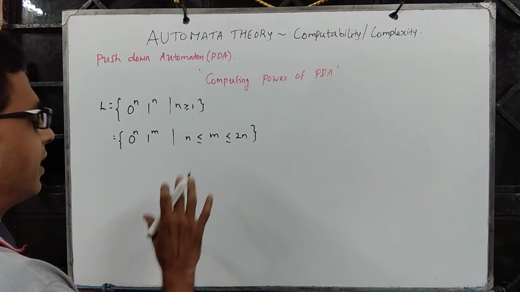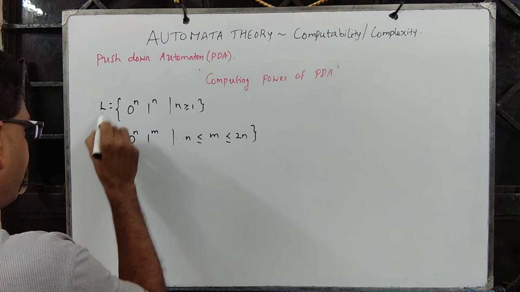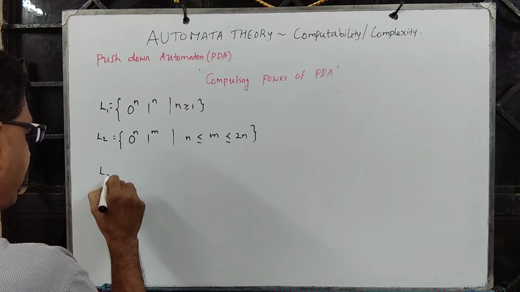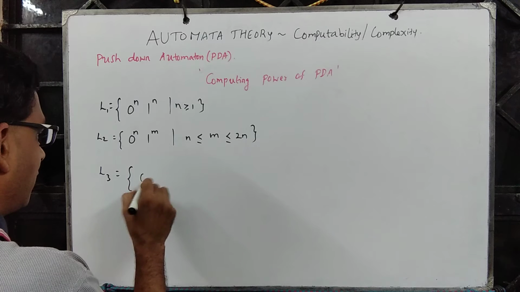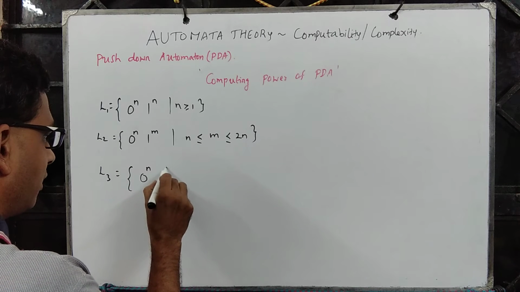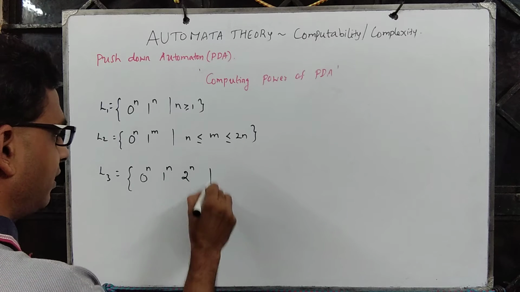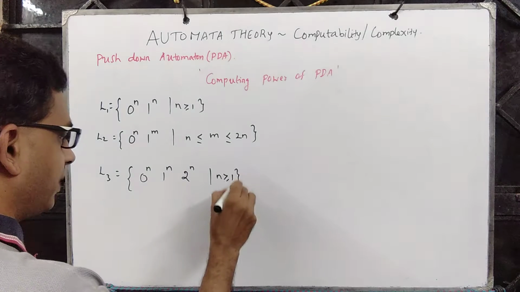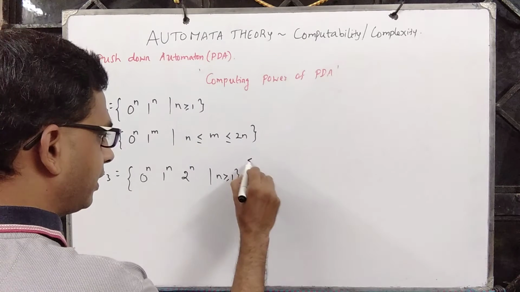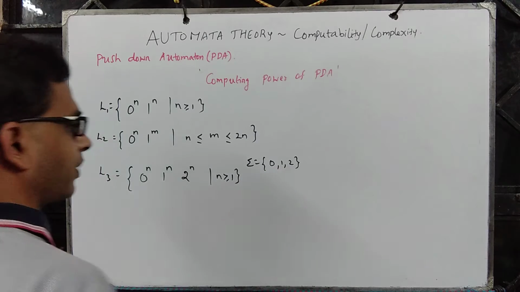Now let's look at this language. Let me call them L1, L2, L3. Let's try extending this to 0 power n, 1 power n, 2 power n, n greater than or equal to 1. So our input alphabet sigma now consists of 0, 1, 2.